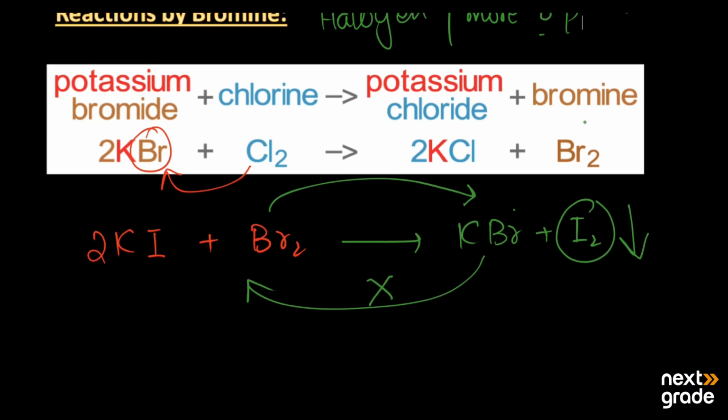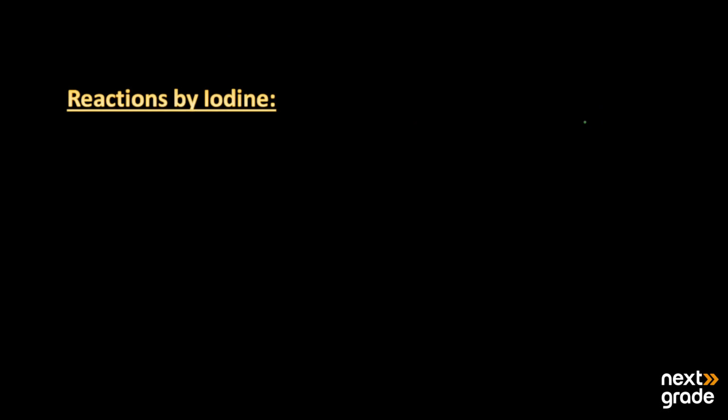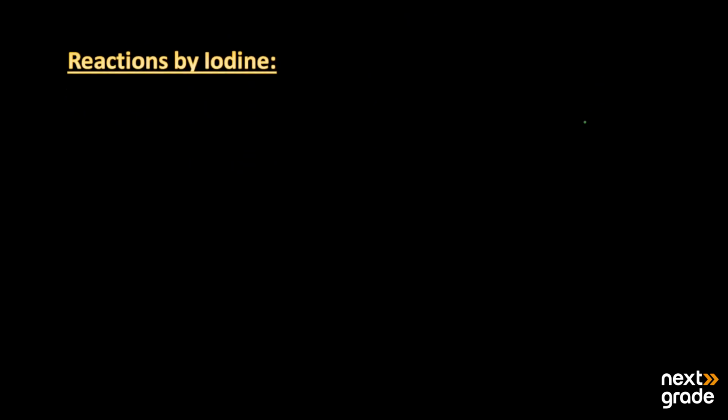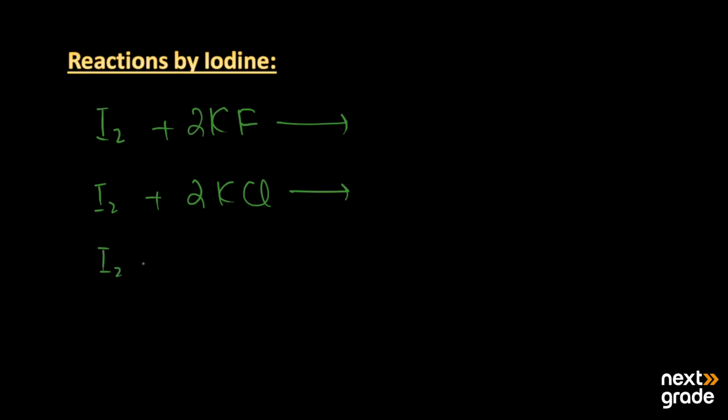At the end, we have the reaction by iodine. If I write that reaction, we have iodine and potassium fluoride, then iodine reacting with potassium chloride, and then iodine reacting with potassium bromide.